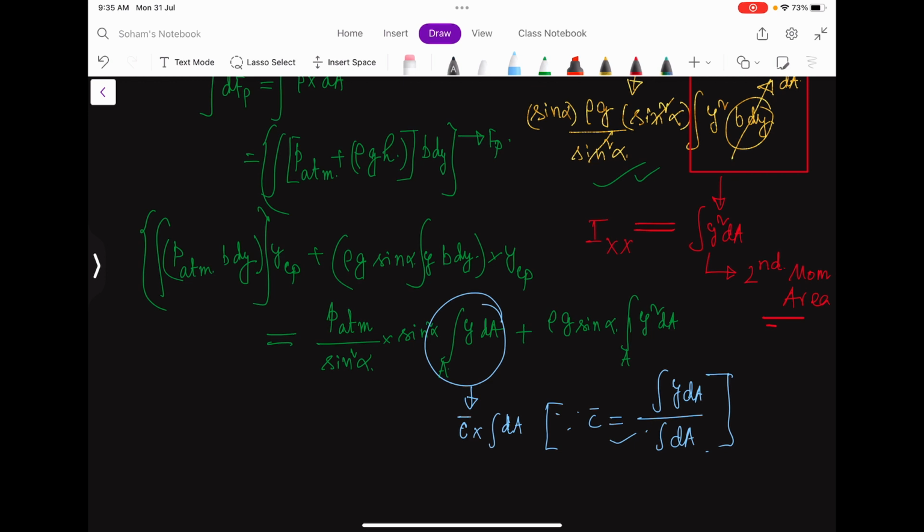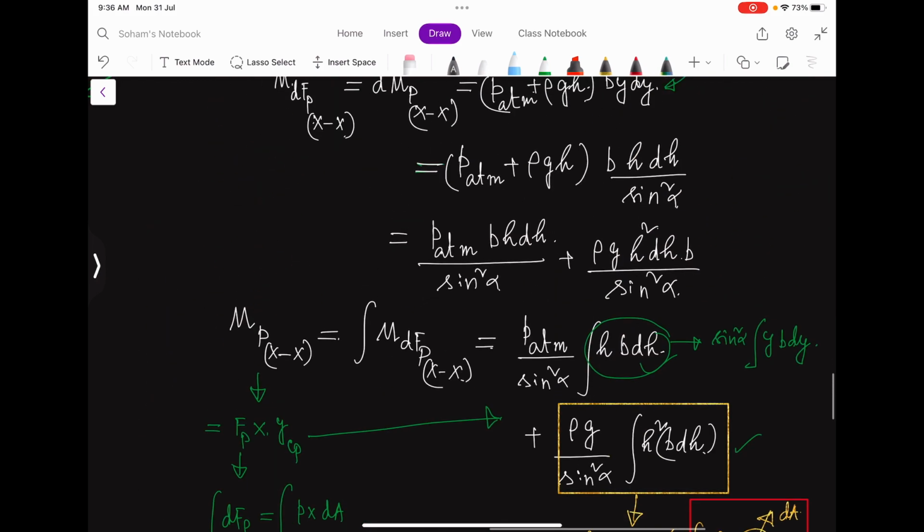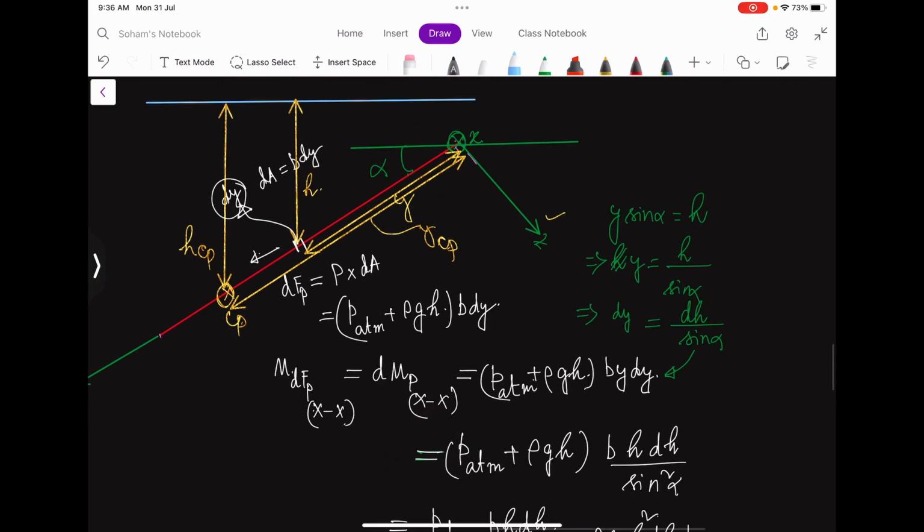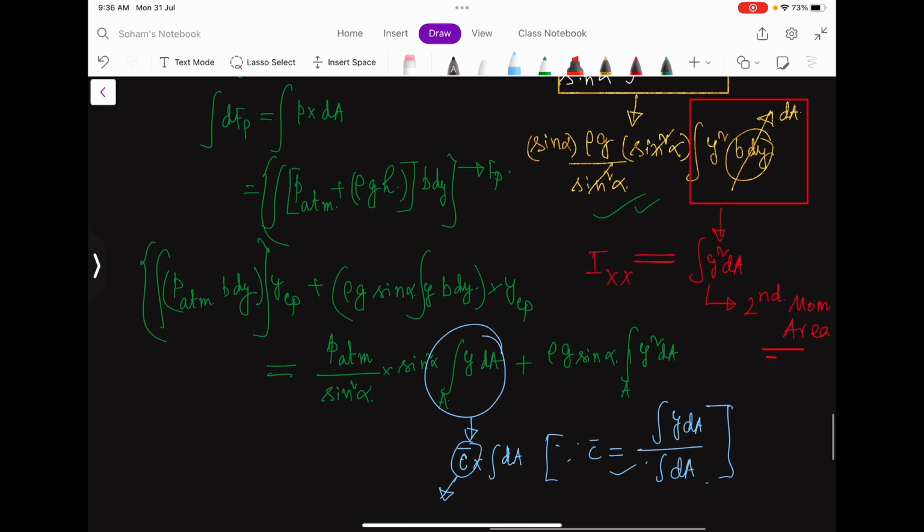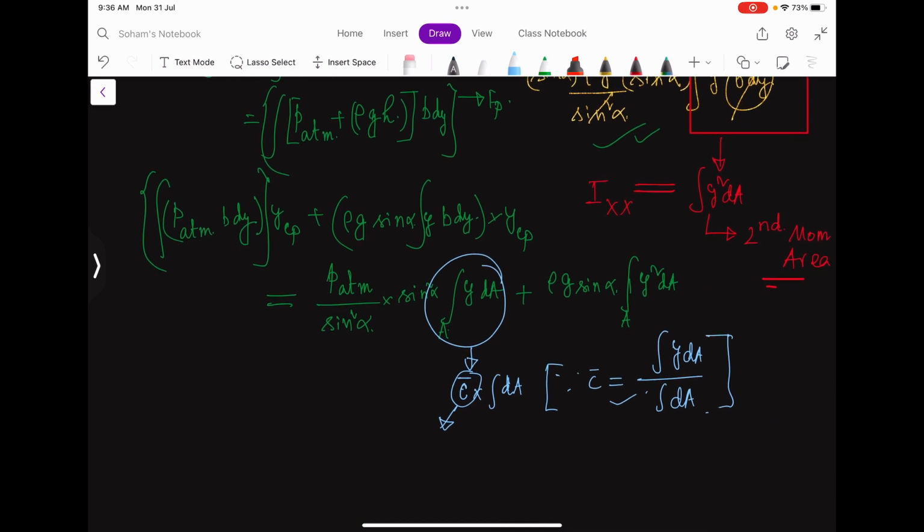This is only the concept of center of mass, and in our case this C is also the centroid. So I am writing this as y bar, not C bar.